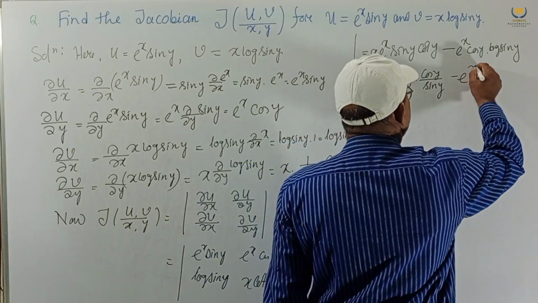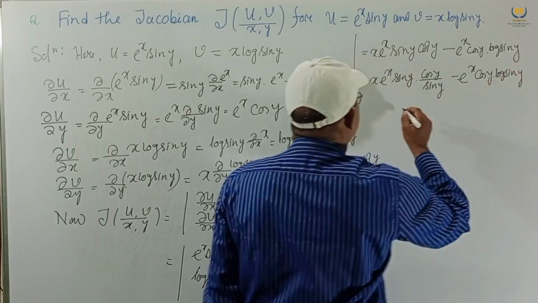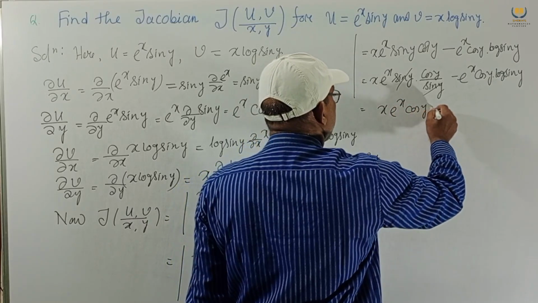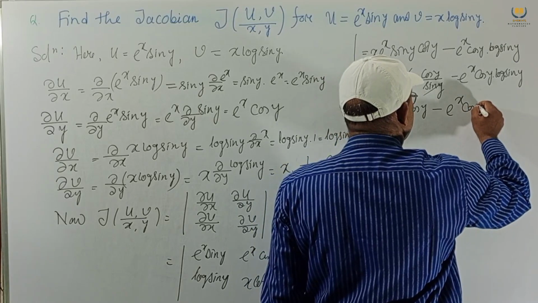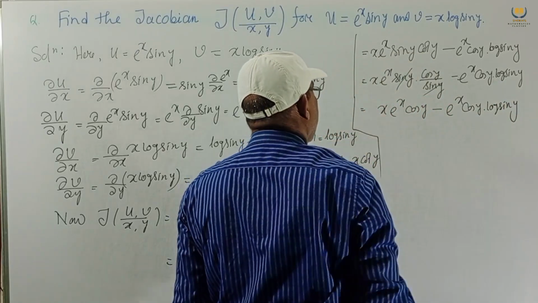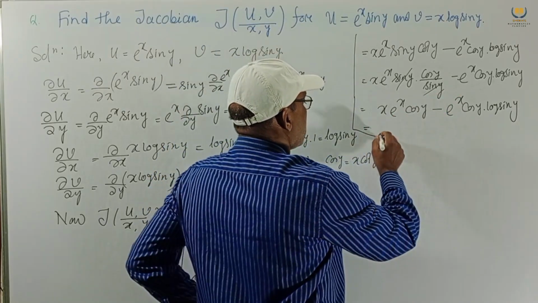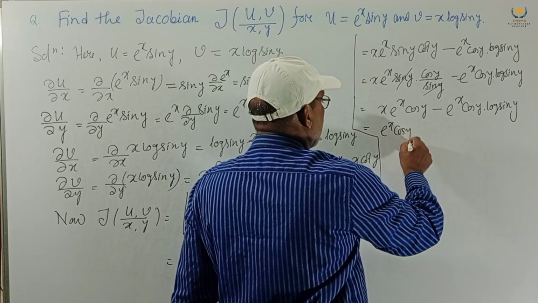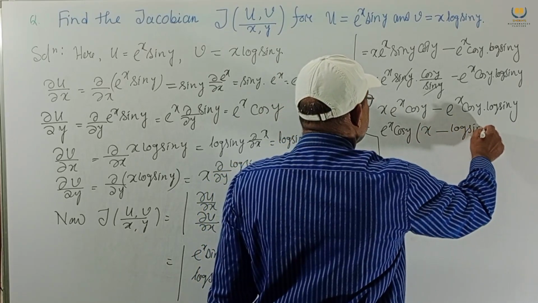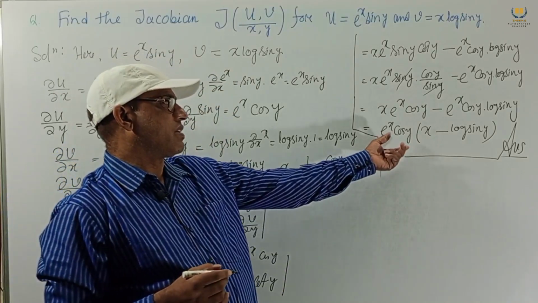And this remains same, e to the power x cos y log of sin y. Sin y cancels, x e to the power x cos y minus e to the power x cos y log of sin y. And we take e to the power x cos y common, we get here x and here log of sin y, and this is the final answer of the given problem. This is the Jacobian, this one.